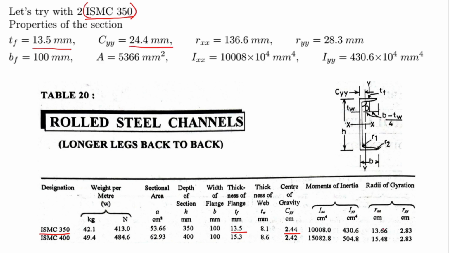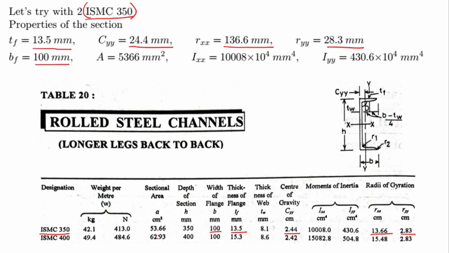Then rxx will be 13.66 cm or 136.6 mm. Then ryy also 2.83 cm or 28.3 mm. Then the flange width, or breadth of flange, is 100 mm.